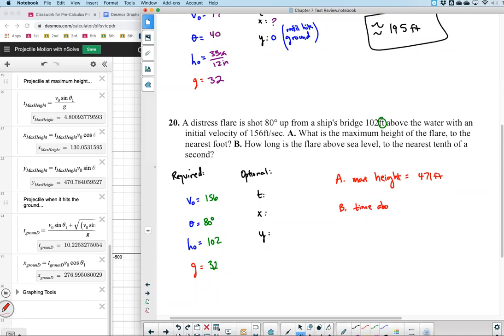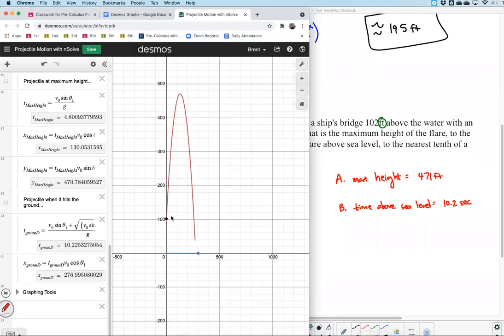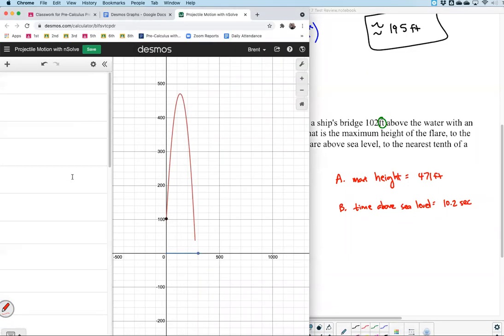That's a time. So the time it hits the ground or sea level is 10.2 seconds. So rounding to the nearest 1/10 is 10.2. So for 10.2 seconds, this thing is above sea level.